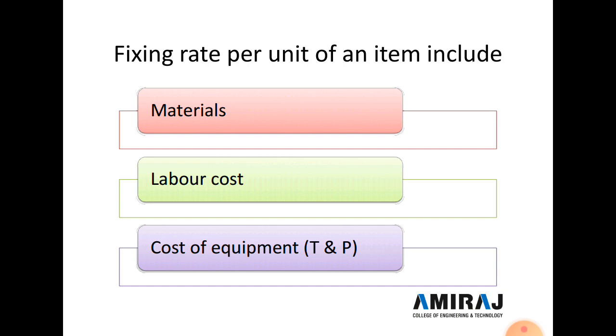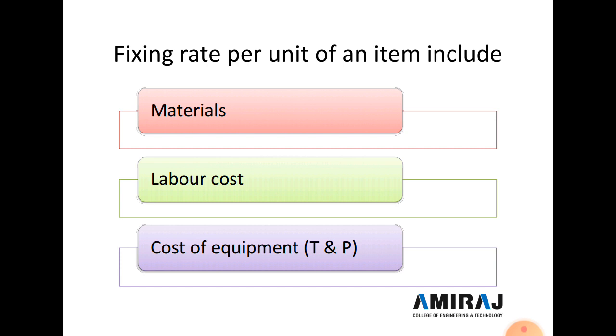Now third, we discuss the cost of equipment and T and P, tools and plant. In some works, special types of equipment like a tower crane, mixer machine or RMC plant are required. In such a case, an amount of 1 to 2% of the estimated cost is provided as the cost of equipment.